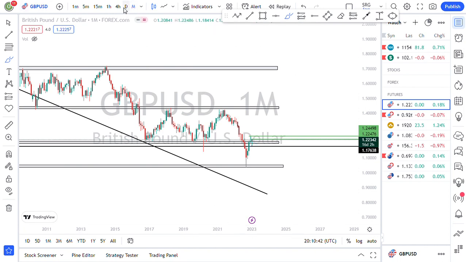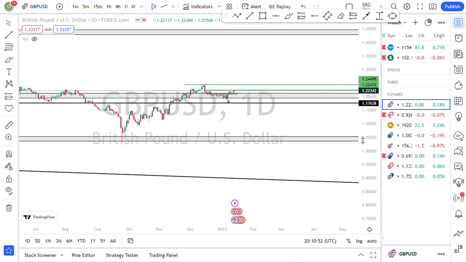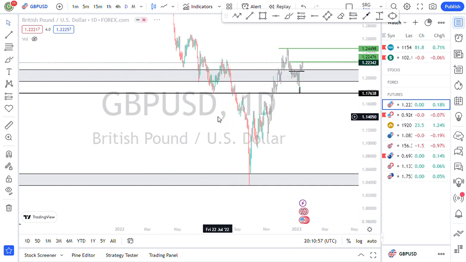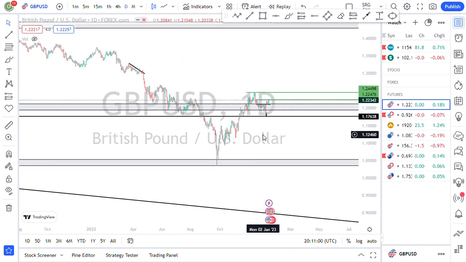Now let's go to the daily time frame. We know that price is in a downtrend, and on the daily time frame you can see what price is doing over here. Watch closely. We can see that price is in some sort of buy move, but in a downward trend.